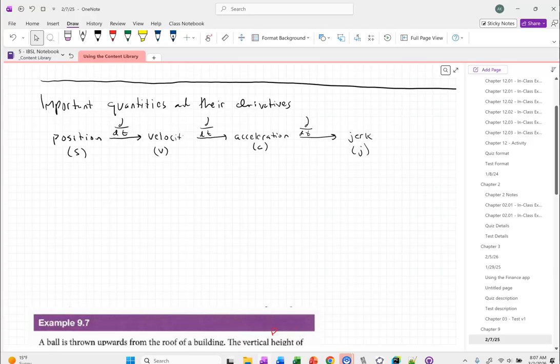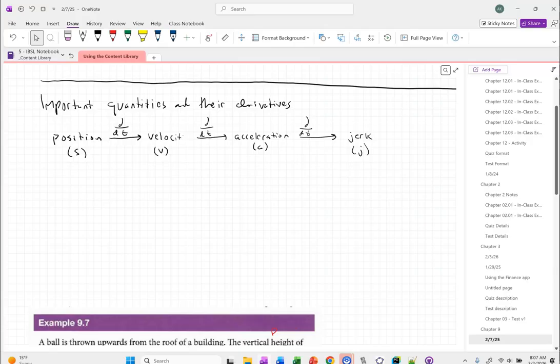So, some important quantities and their derivatives. In physics, the first thing you guys probably study is kinematics, the study of how things move. Now it's a simplified version because they ignore a bunch of stuff, at least initially.